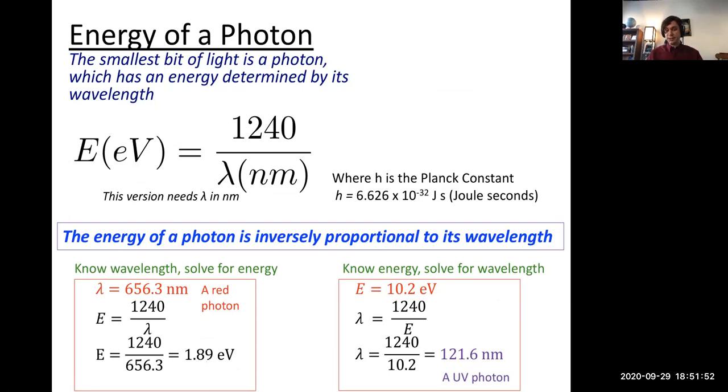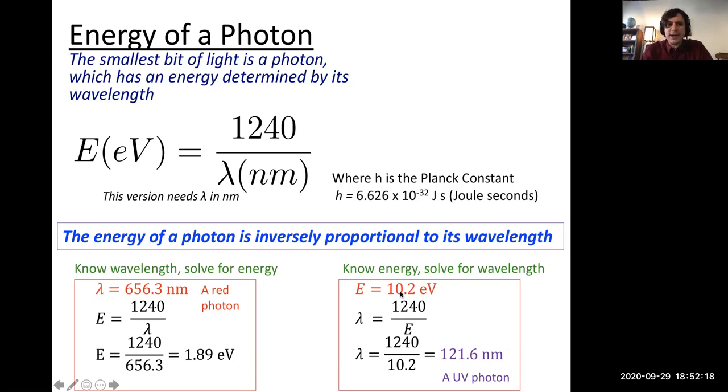So let's take an energy now of 10.2 electron volts, just a number, not chosen at random. If I have a photon that has 10.2 electron volts of energy, that's a bigger number, so bigger energy, smaller wavelength. I know my wavelength is going to be smaller than 656.3.